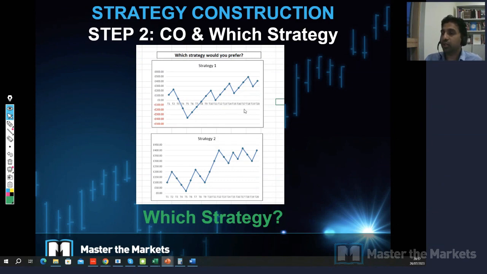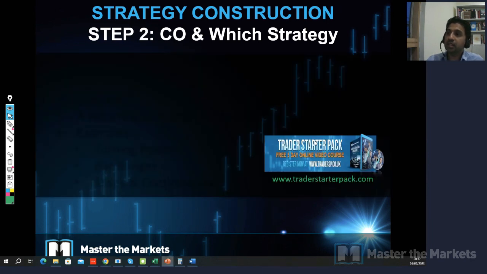After you've got your end objective, what type of strategy you want to build, what type of car you want to build, then you start to align the CO in relation to the strategy or the car that you want to build. Okay, right. So if I say that I want to build strategy number 2 because I want lesser drawdowns, then what does the CO look like?